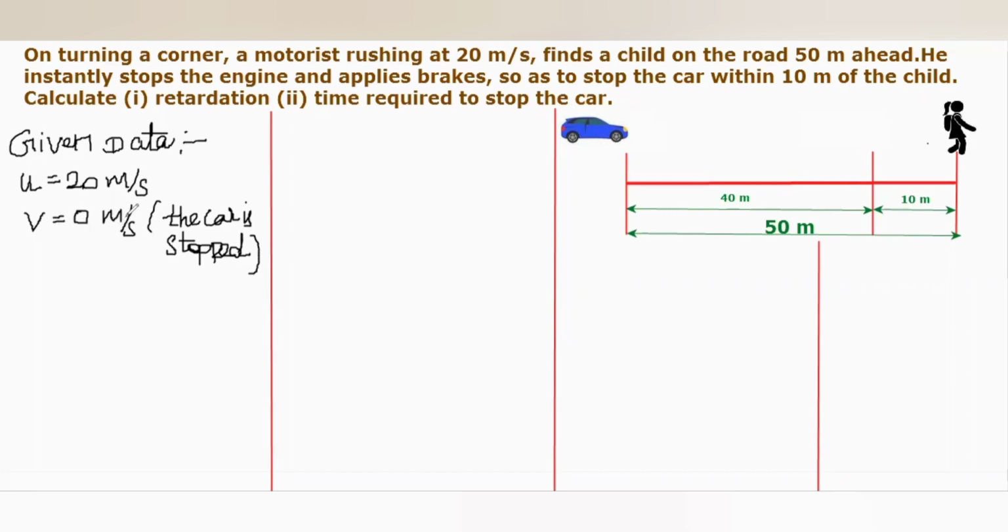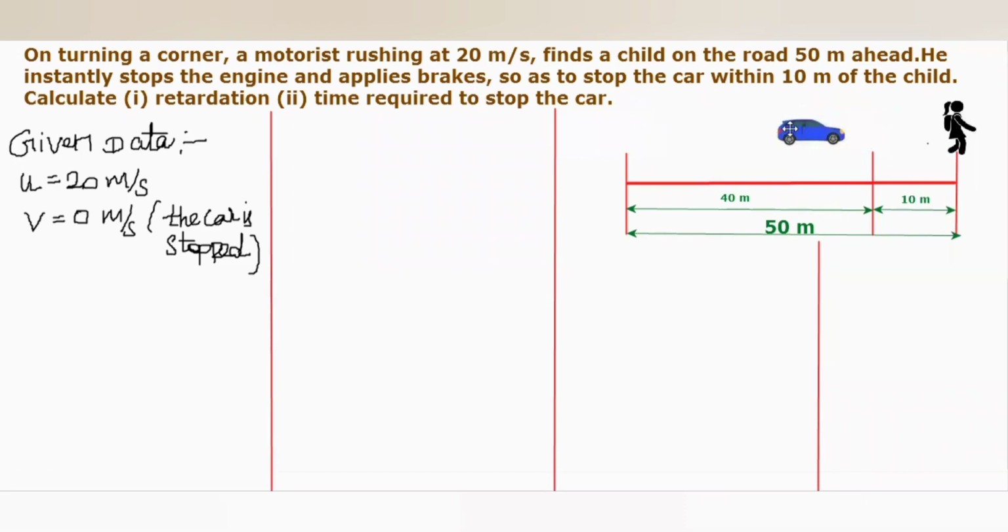Here guys, initially the car is here, that means at 20 meters per second, 50 meters ahead of the child. When he sees the child 50 meters ahead, he stops the engine instantly and applies the brakes. So he has to stop the car at least 10 meters before the child.